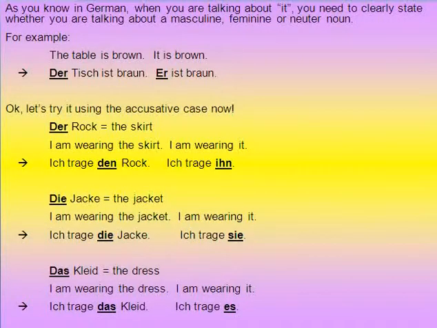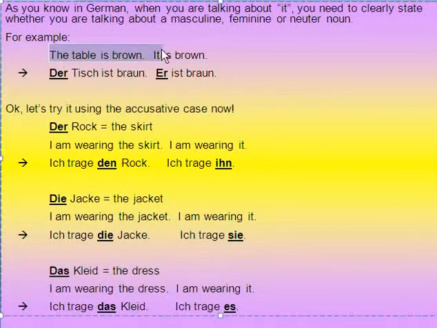So, as you know, in German, when you talk about it, you actually have to state whether you're talking about a masculine, a feminine, or a neuter noun. So, for example, over here, the table is brown, or if you wanted to say it is brown, in German, the table is der Tisch, so der Tisch ist braun, and therefore you would say er ist braun, not es ist braun.